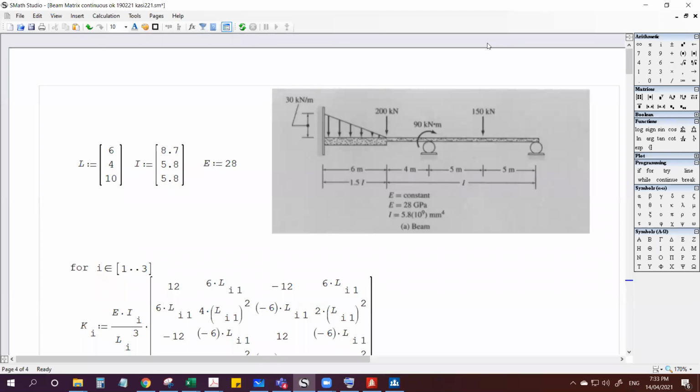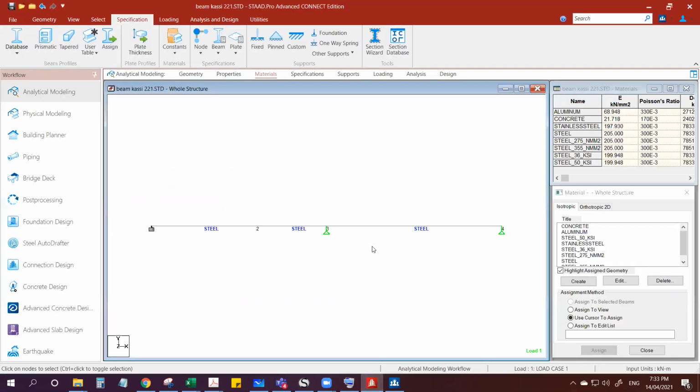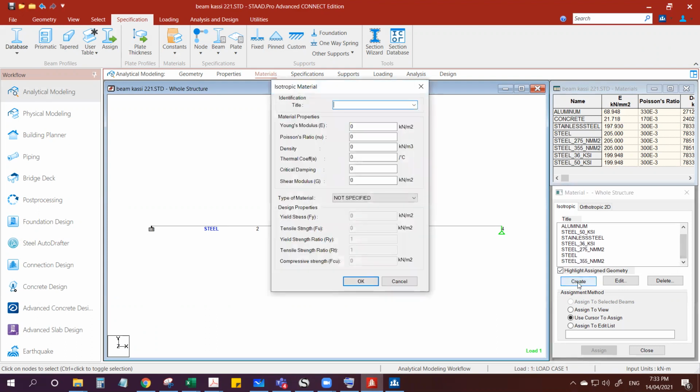Okay, referring to this drawing, I need a 28 gigapascal material. So this is my STAAD model. I'll create a new material out of steel. I'll drop down, choose steel, and retype this to create a new material, 28 gigapascal.